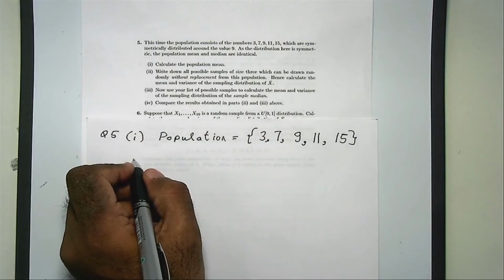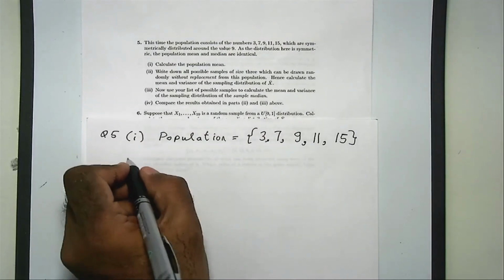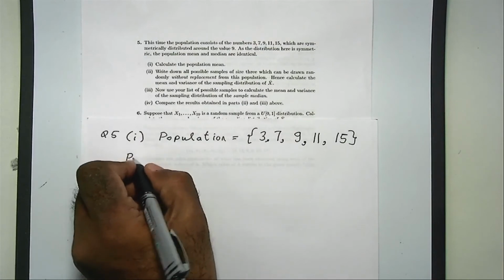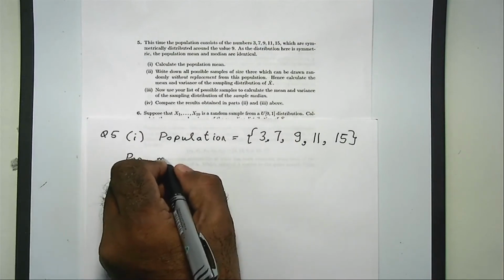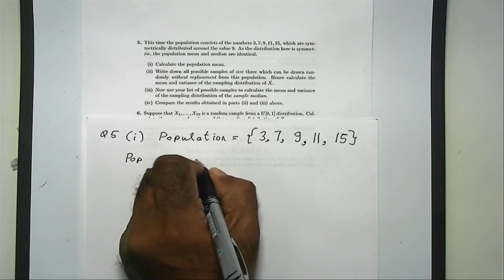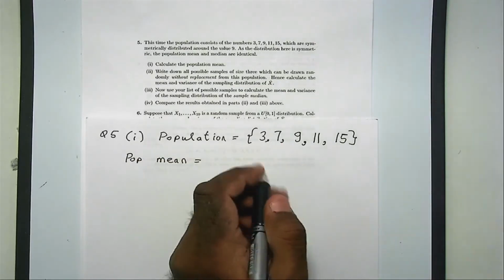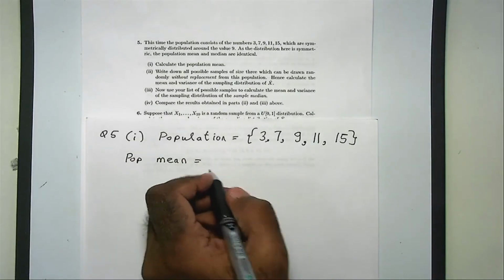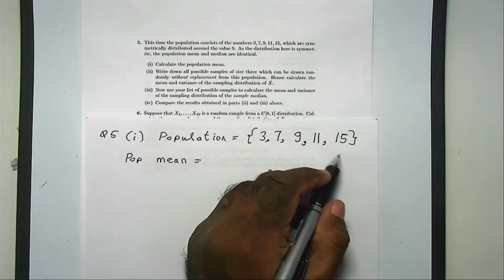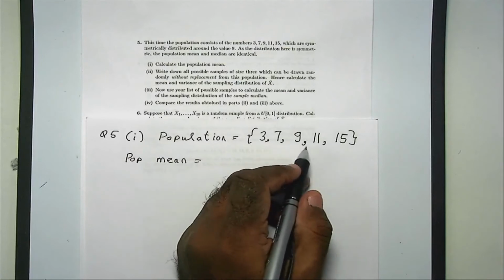To compute the population mean, which is the same as the expectation, right? Because each of these has equal probability, there are 5 numbers, the probability of choosing any one of them is 1 over 5.